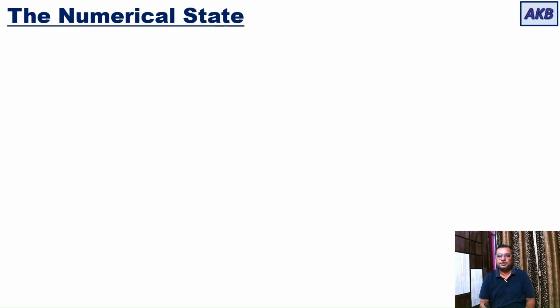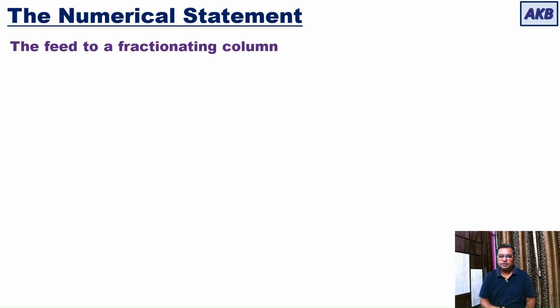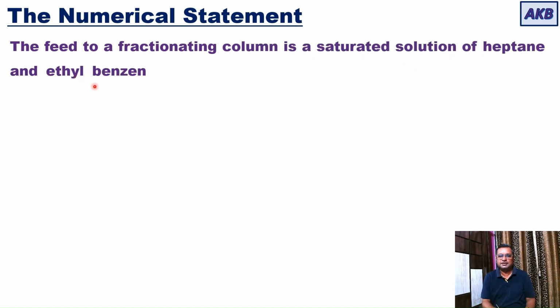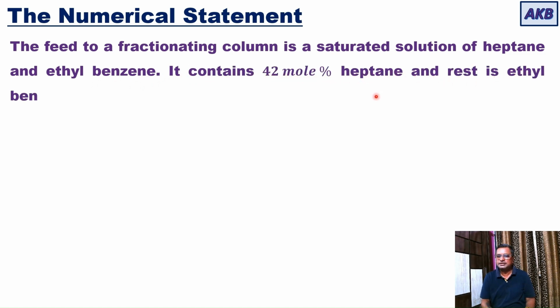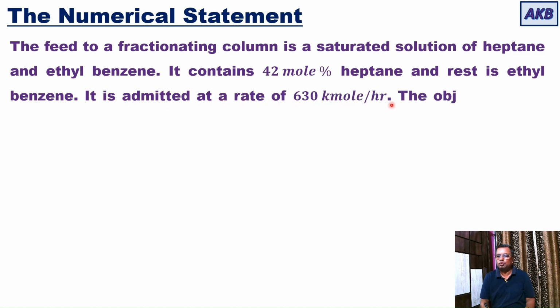Okay, to begin with, let us first look at the numerical statement. The feed to a fractionating column is a saturated solution of heptane and ethyl benzene. It contains 42 mole percent heptane and the rest is ethyl benzene. It is admitted at a rate of 630 kilomole per hour.